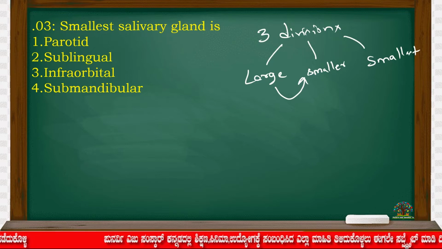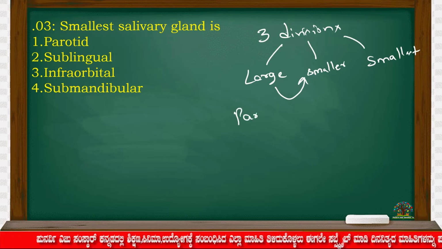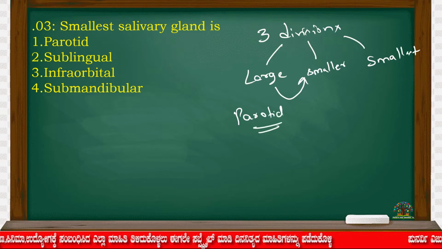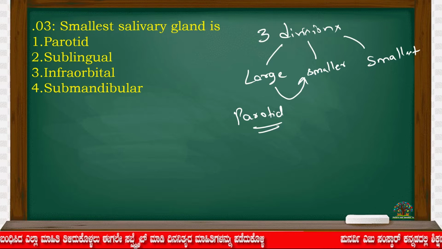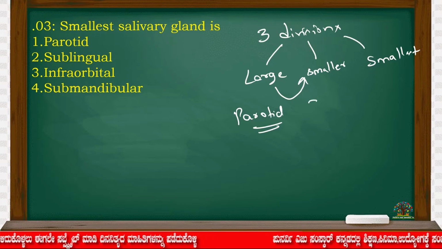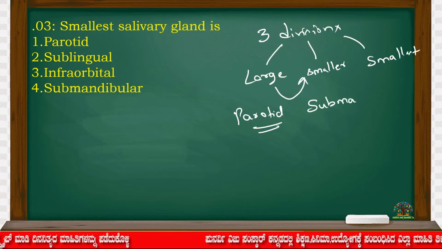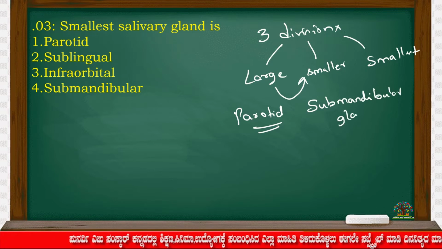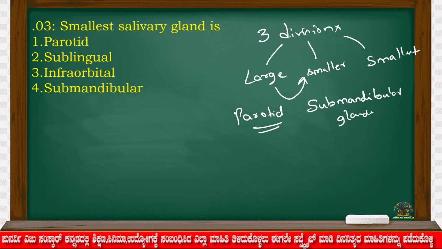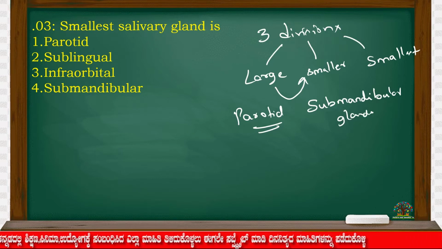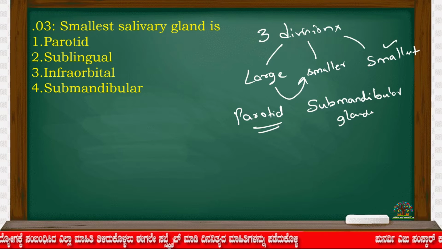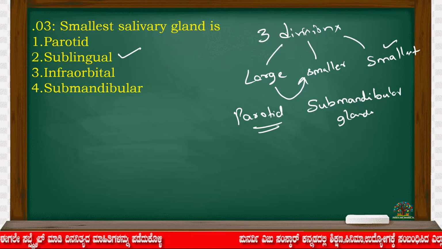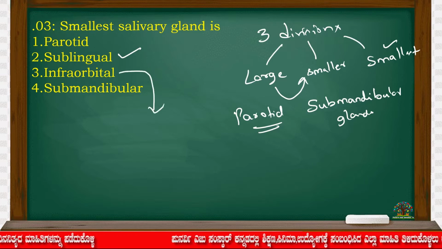The large one is the parotid gland. It is the largest salivary gland in human beings, whereas the submandibular gland stands next to the parotid gland with respect to size, whereas the smallest one is the sublingual gland. And we have one more option, option number 3, which says infraorbital.